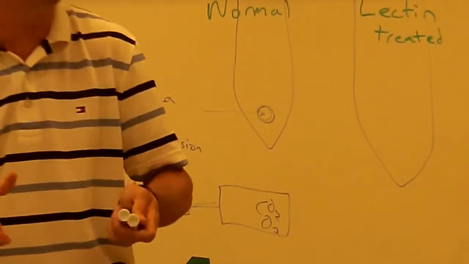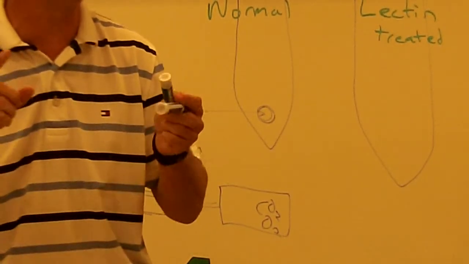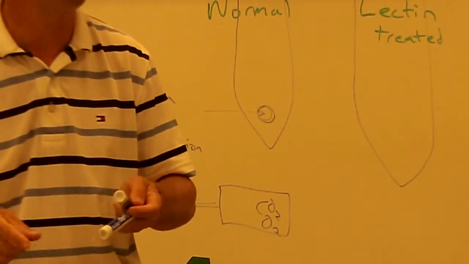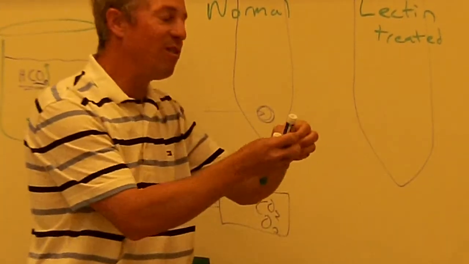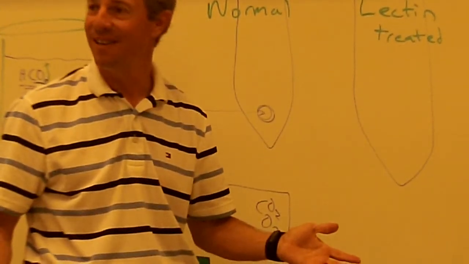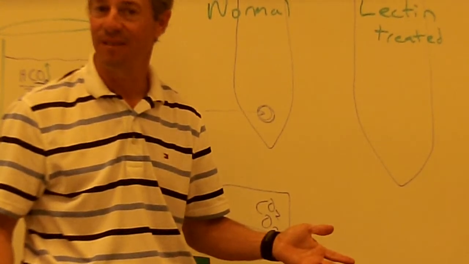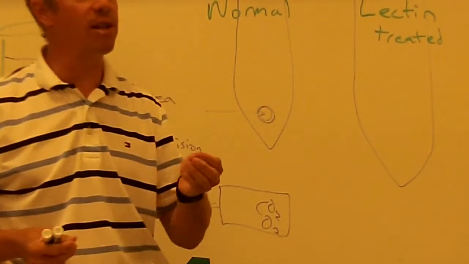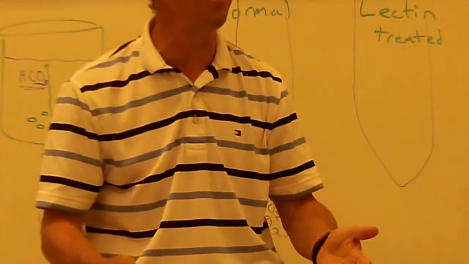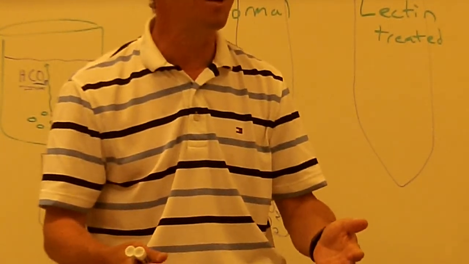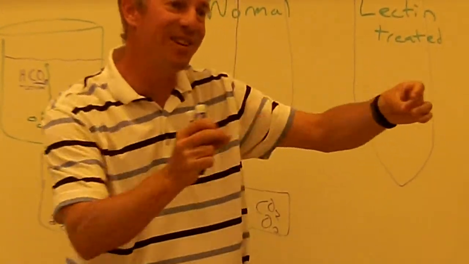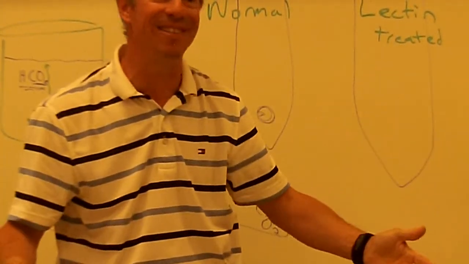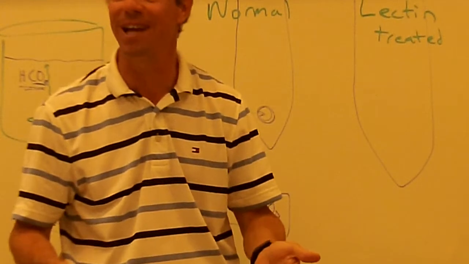If you treat an onion with this chemical called lectin, the lectin makes the cells divide a lot more rapidly. It's a chemical that's often put on plants to kill them, because the root grows too rapidly and gets real thin and weak, and the plant ends up not being able to do its job, and the plant dies.